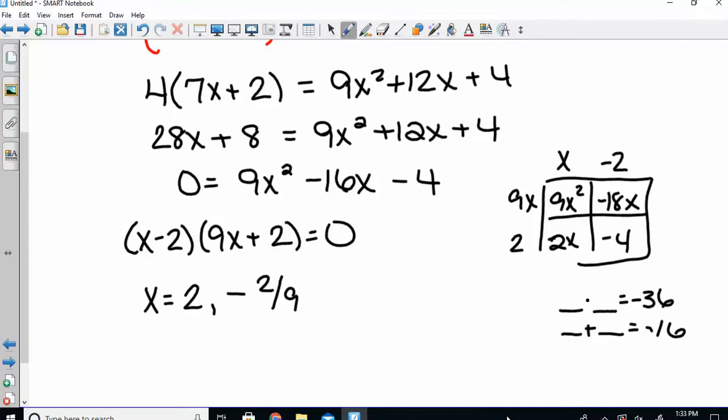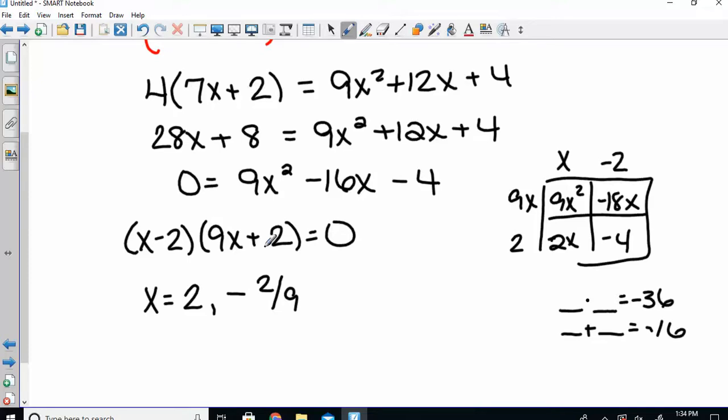Do I need to show how I got those? Why did I get a positive 2 9s? Did you have 9x plus 2? No, I don't know why I wrote minus though, because on my box method I literally have a positive 2.